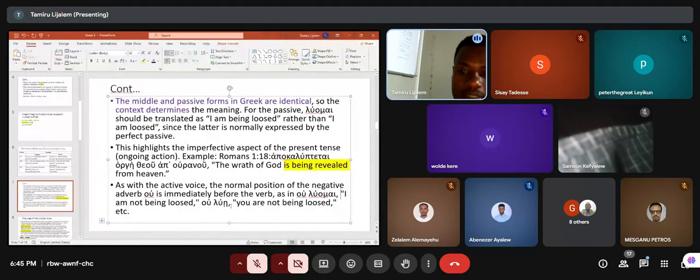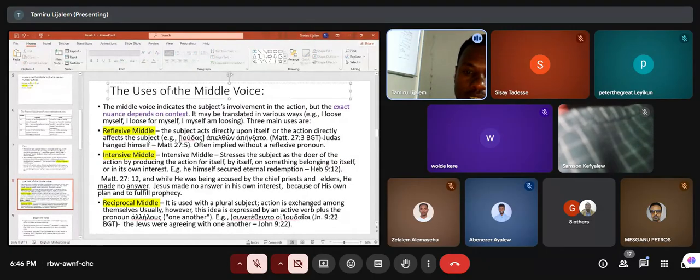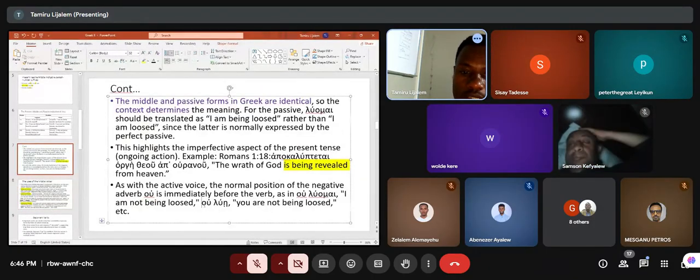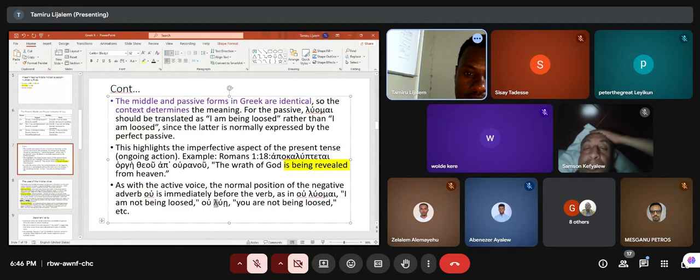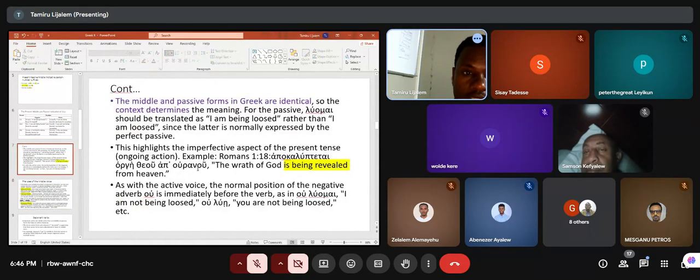Okluez, you are not being closed. እንደዚህ ያን መለማመድ እንችላለን ማለት ነው። ኔጌቲቭ ፎርም ስናደርግ በዚህ መልኩ ነው። So middle voice.